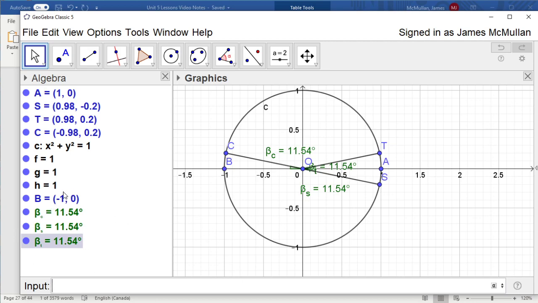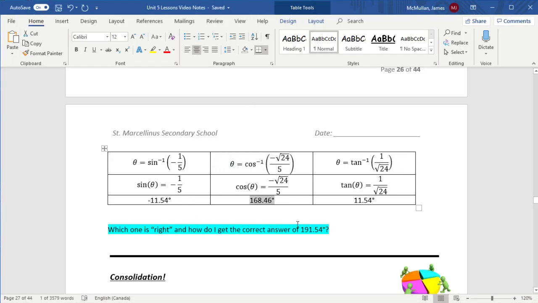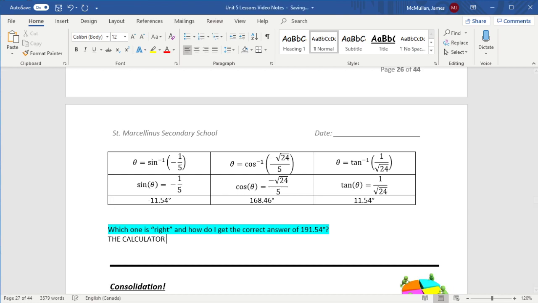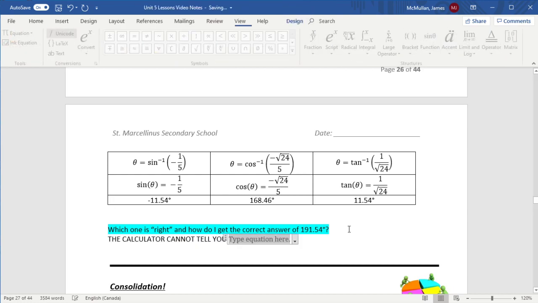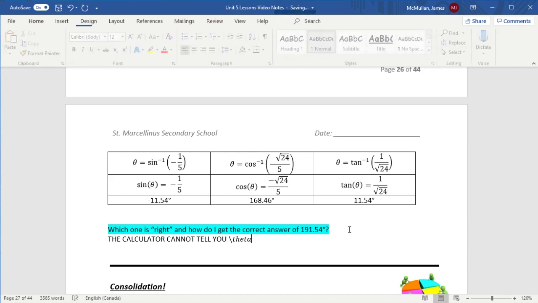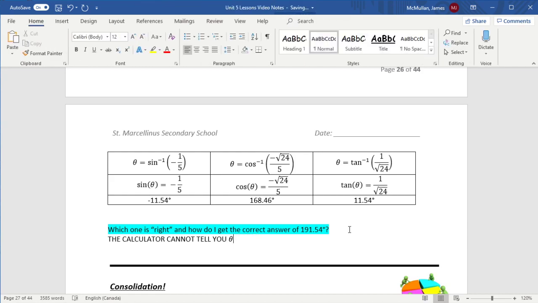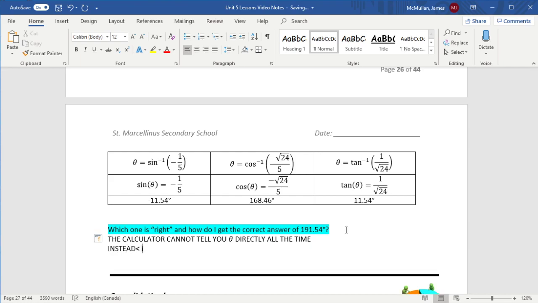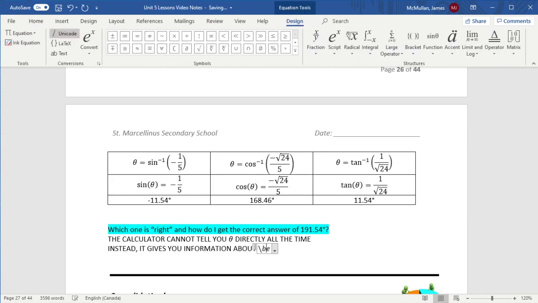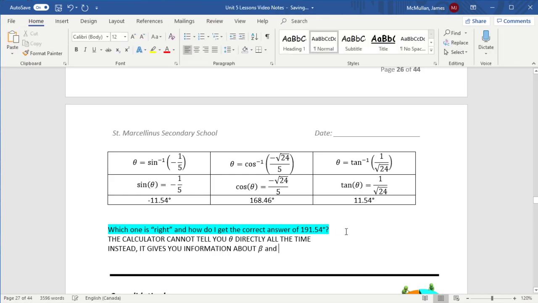So now we understand what the calculator is doing. The calculator is not trying to tell you theta. It cannot tell you theta directly all the time. Instead, it gives you information about beta and trusts you to put it in the right quadrant.